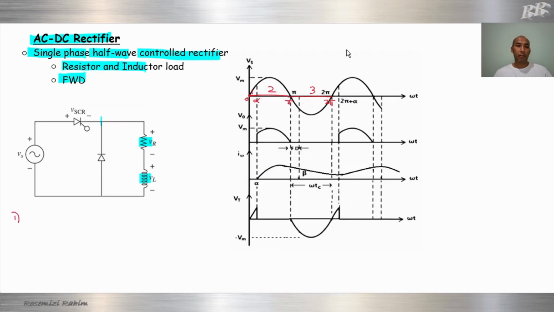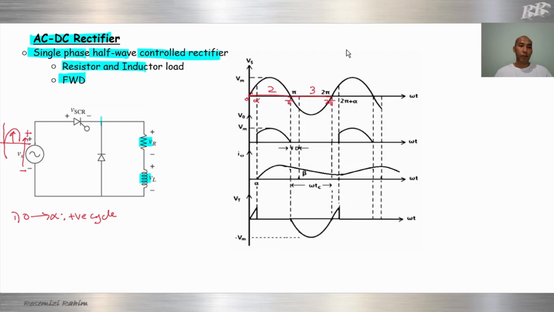Section 1 from 0 to alpha angle. Here is the positive cycle. The waveform will be positive, so positive terminal here, negative terminal at the bottom, arrow same as the input signal.